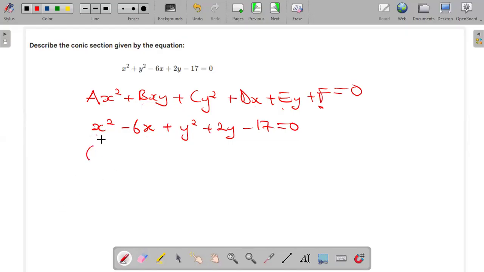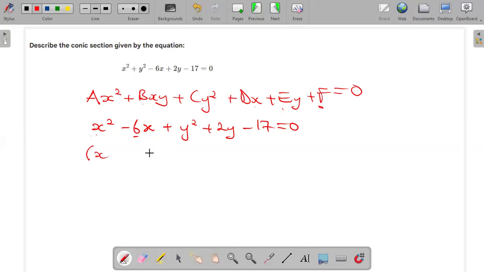For the x, where there's x squared, just get the x. Then you have the coefficient of x, the one without a square. The coefficient of x is negative 6. So you divide that by 2, or you half it.